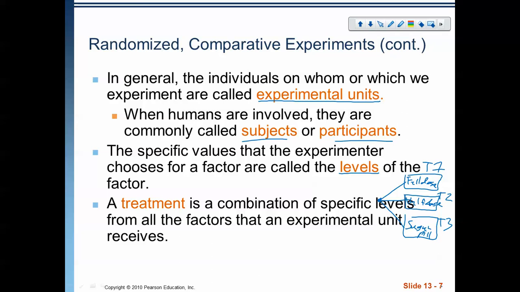You can have multiple factors in an experiment, which means that a treatment can be a combination of factors. And we will look into that tomorrow. This is a simple experiment with one factor with 3 levels, which creates 3 different treatments. We'll look at more complicated ones tomorrow.